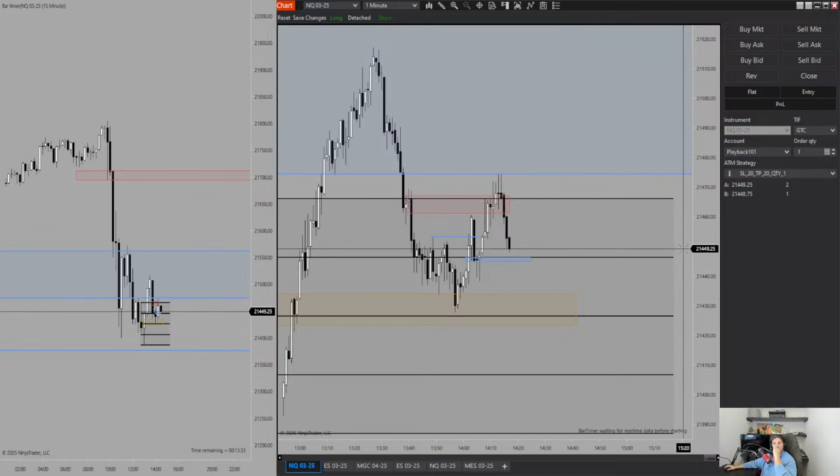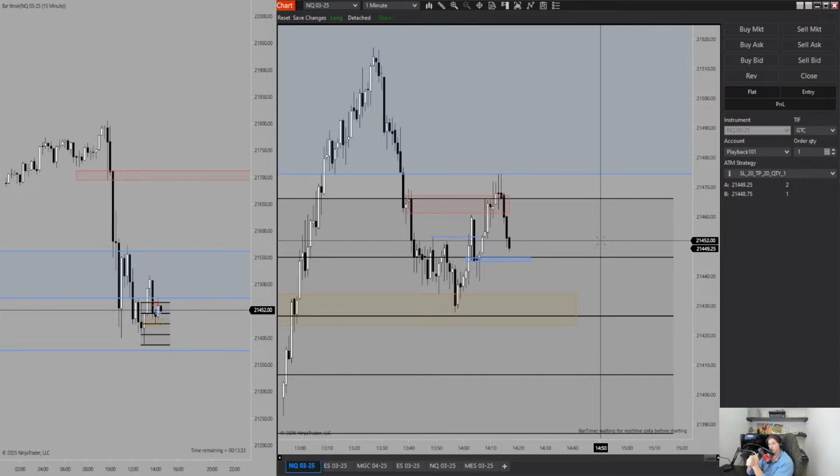All right, so I'm going to give you 3 instruments. Right here is NQ. This is a futures contract, okay? So what the futures contract does is it tracks an index.